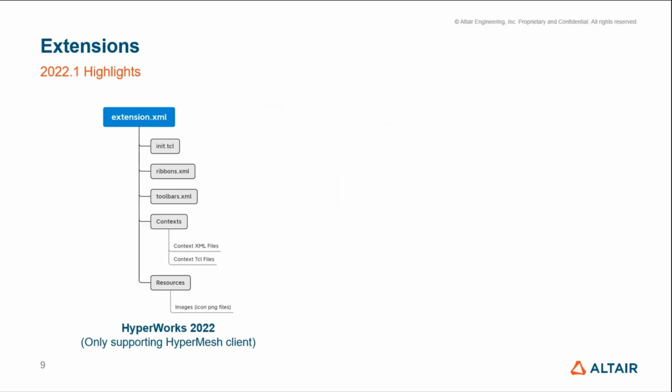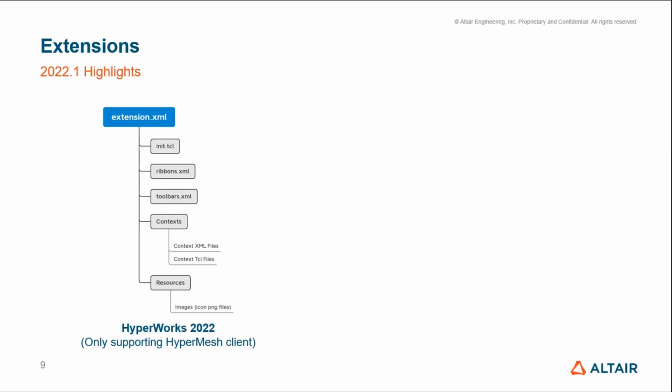Looking at the structure of the extension and the files and folders that there can be, it has changed, obviously, and became more complex in the sense that it caters for multiple clients now. Until version 2022, your extension would only cover customization for the HyperMesh client.